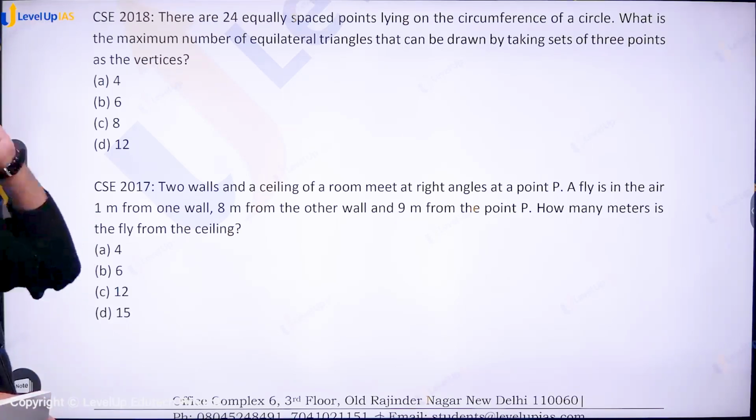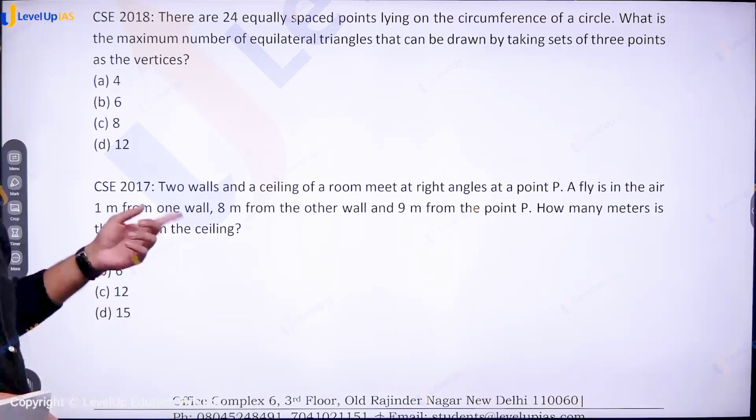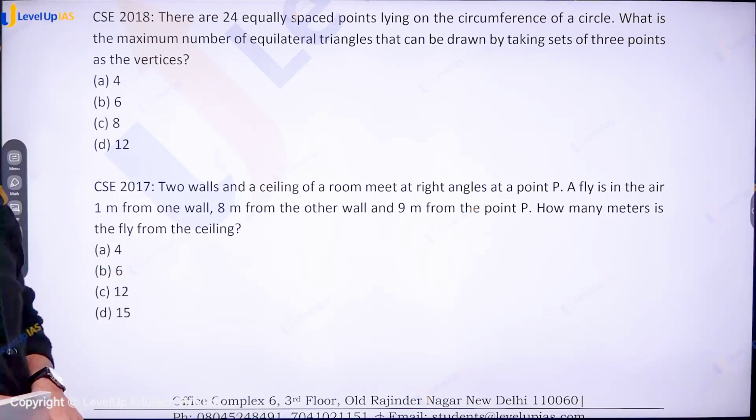You must be repeating the triangles then. Repetition नहीं होनी चाहिए ना. One triangle you should count only as once.